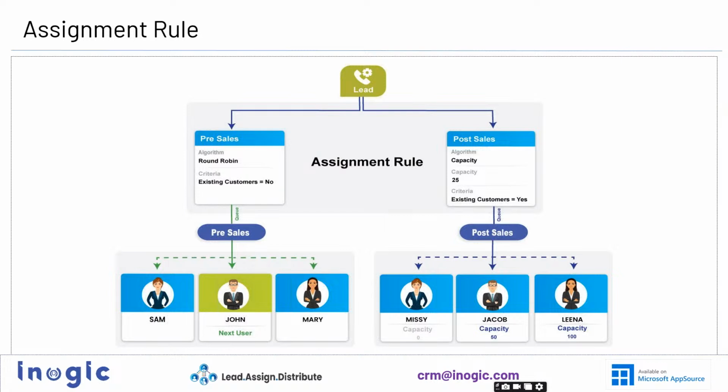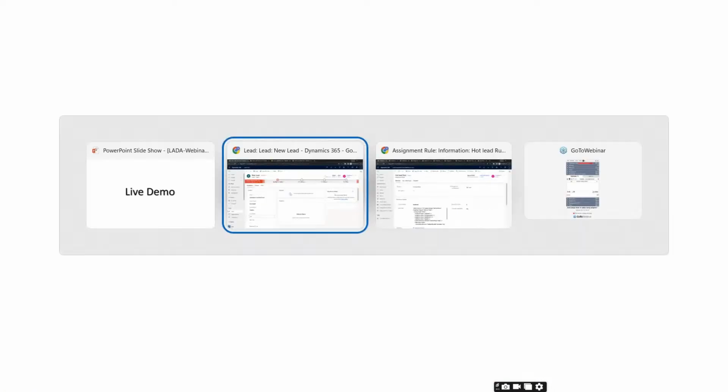Once the resources like Missy, Jacob, and Lena close any of the records assigned to them, then those 25 units would be added back to their available capacities, and then they are again available for new records to be allocated to them. That was quite simple, isn't it? So with that in mind, let's dive into the demonstration of the lead assignment and distribution automation.